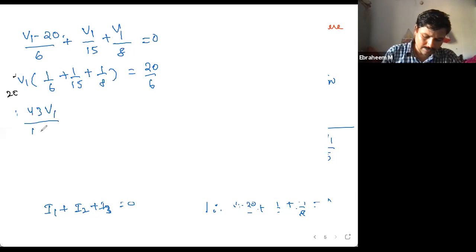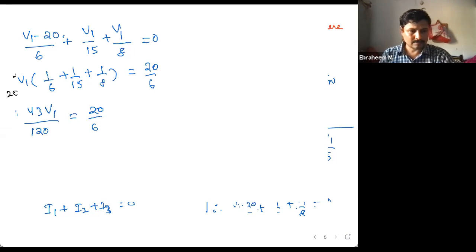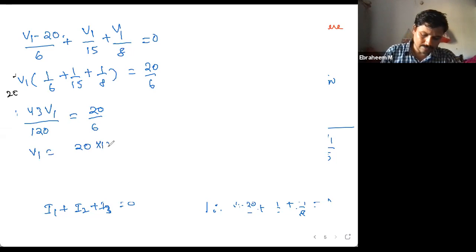So 43 V1 by 120 is equal to 20 by 6. Okay, so V1 is equal to 20 by 6 into 120 by 43. How much is this? 9.3 volts.